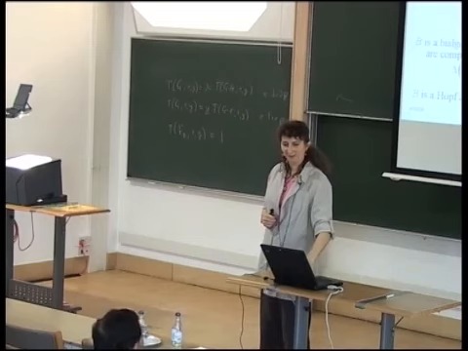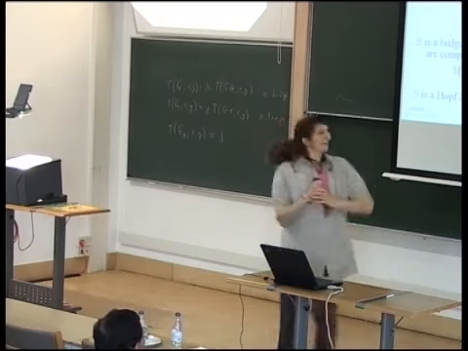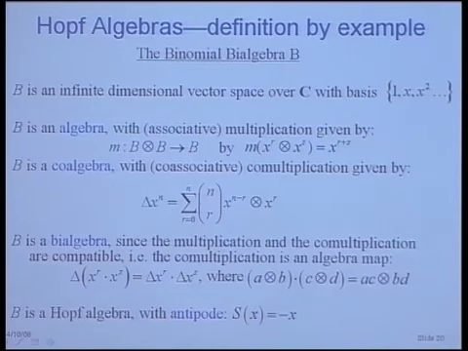Now I get to say that word, Hopf algebra. Okay. I'm not going to define a Hopf algebra, but I'll give you one of my favorite little baby examples of a Hopf algebra, and it kind of covers the essence.